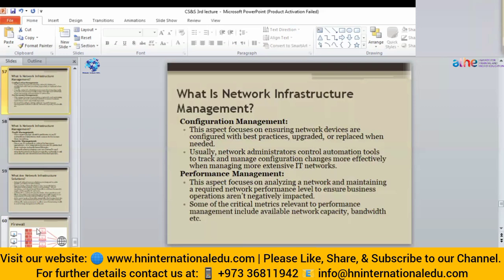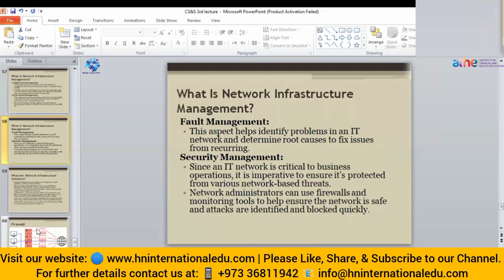Some critical metrics relevant to performance management include the available network capacity, bandwidth, etc. Now, fault management. If any error occurs and the internet is not responding or the network is not able to work, then we have to manage the fault. So we have to determine the root cause and then fix the issues.